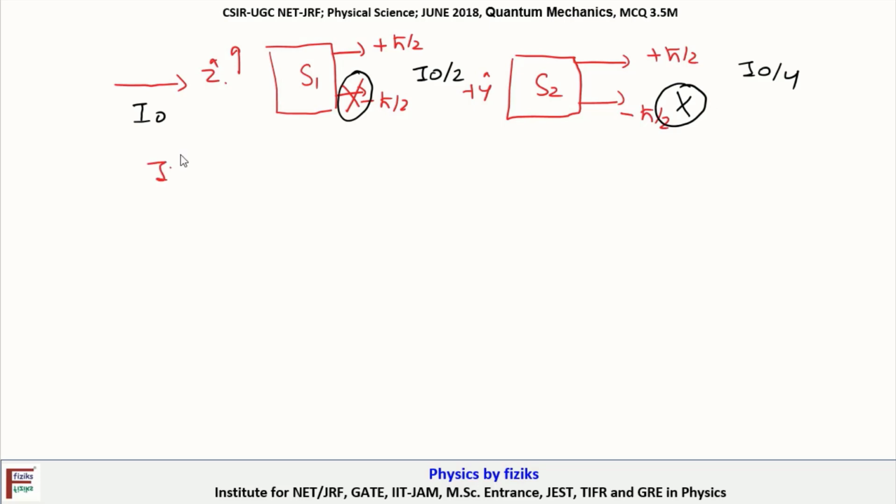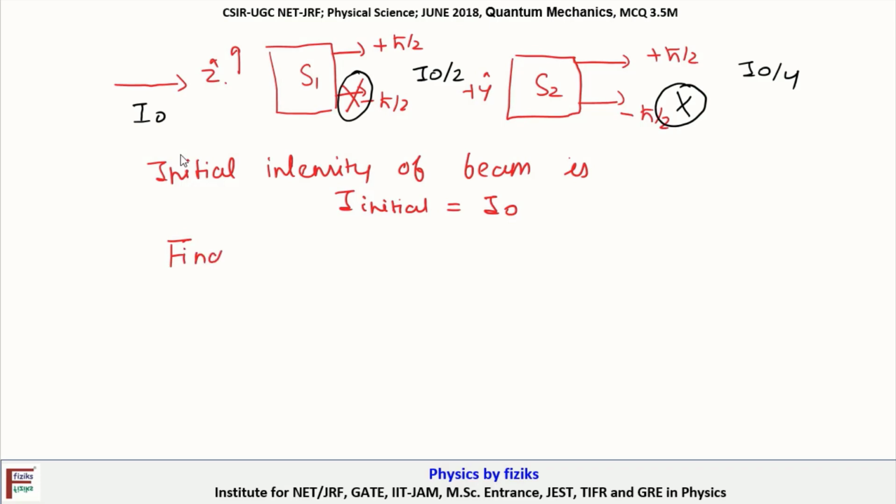so the initial intensity of the beam is I naught, and the final intensity of the beam is I naught by 4.